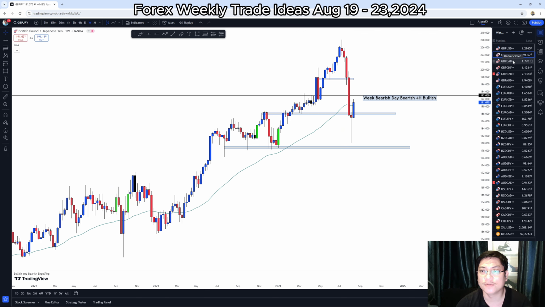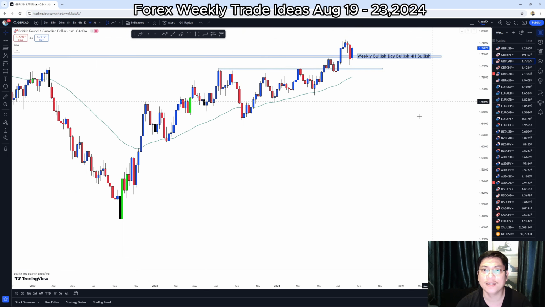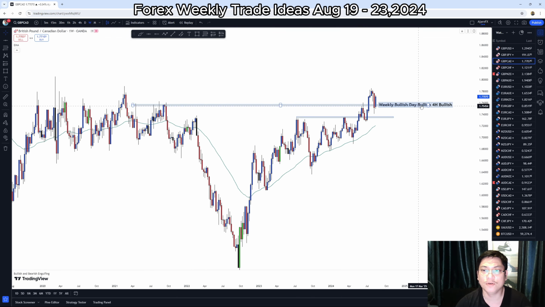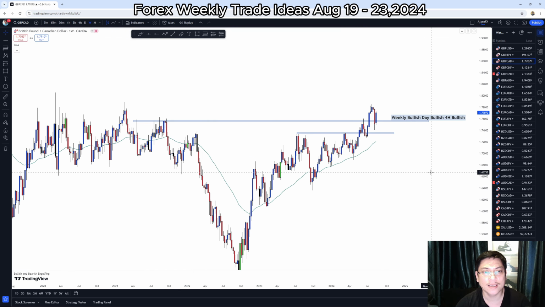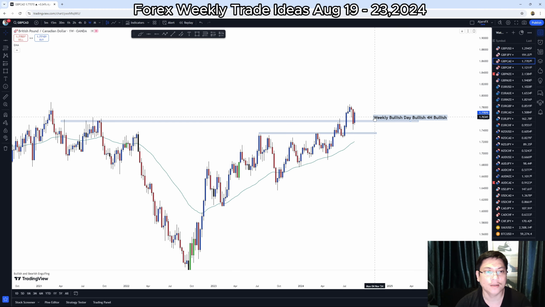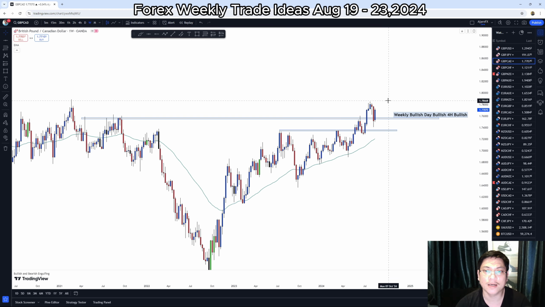For GBP JPY, I don't see a proper setup. GBP CAD is also a good pair to buy. Let's see this week, from Monday or Tuesday, if it has a little pullback, and then we will decide if we can trade it on the lower time frame.